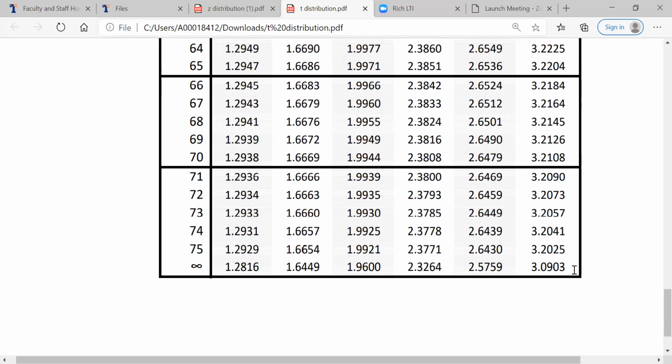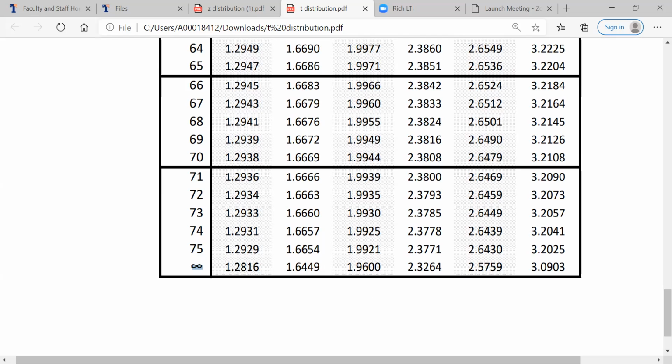For those of you who had college algebra or trigonometry, and maybe you remember graphs with asymptotes, each column is asymptotically approaching a certain value as the degrees of freedom approach infinity. So what does that mean for you? Well, it means if your degrees of freedom goes beyond 75, just use what's called the infinity row.